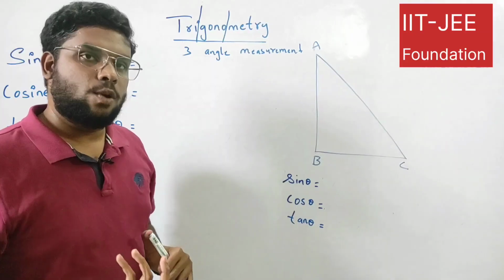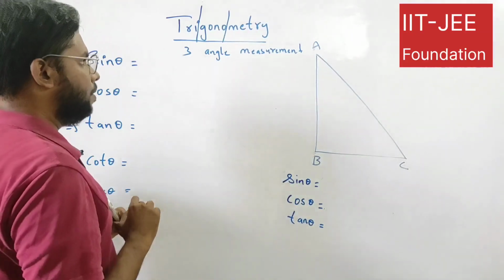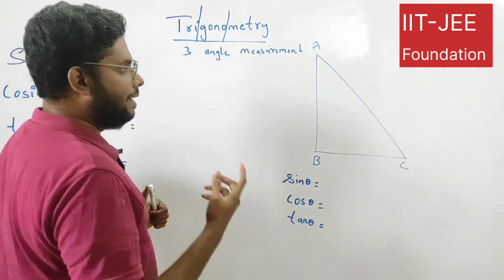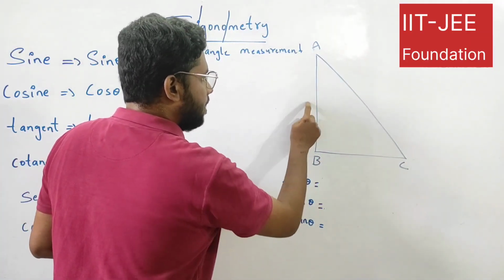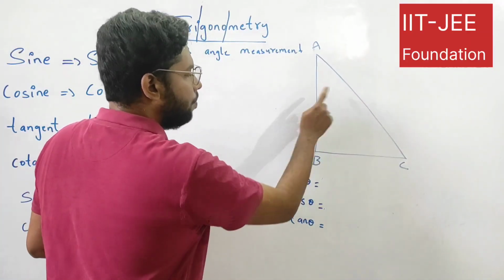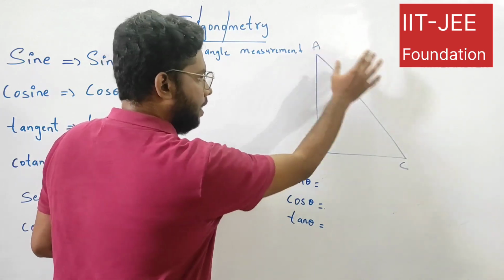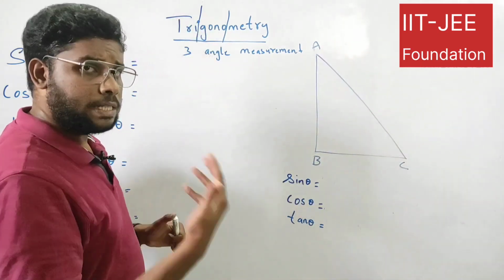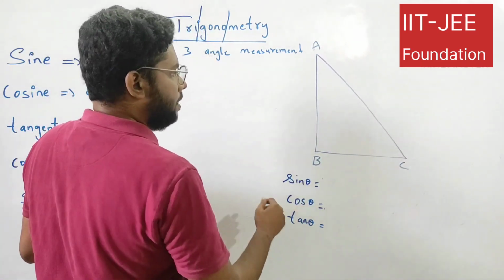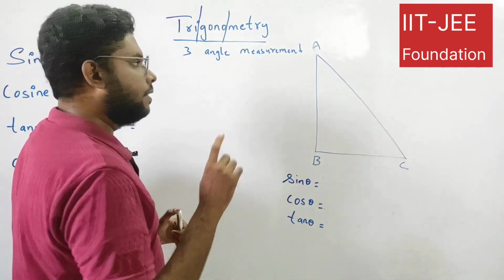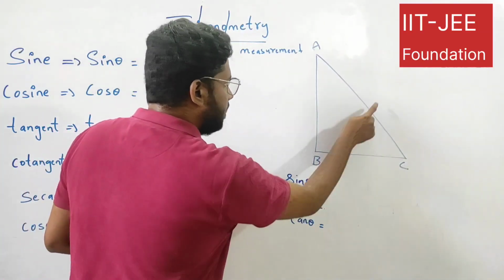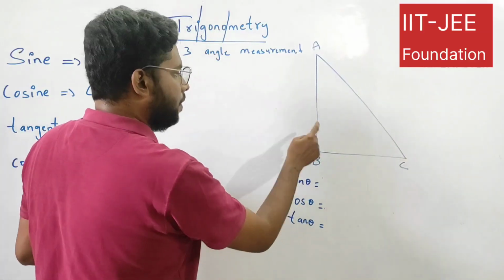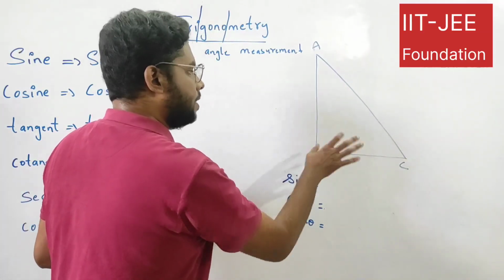So now what is trigonometry? Trigonometry is the branch of mathematics that deals with the study of angles, sides, and relationship between angles and sides in a triangle.